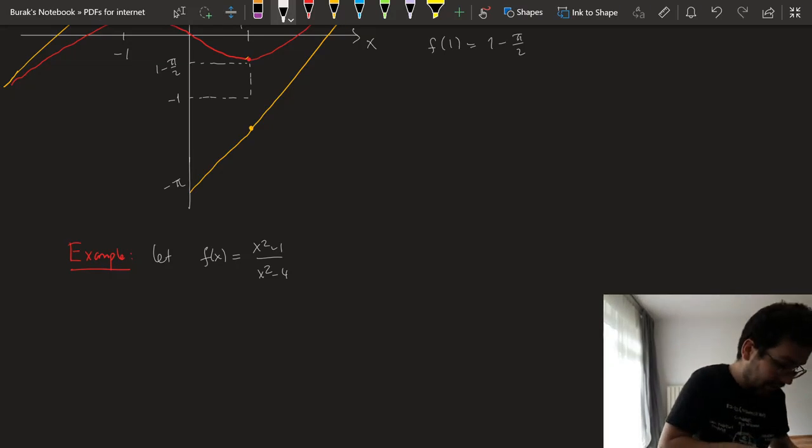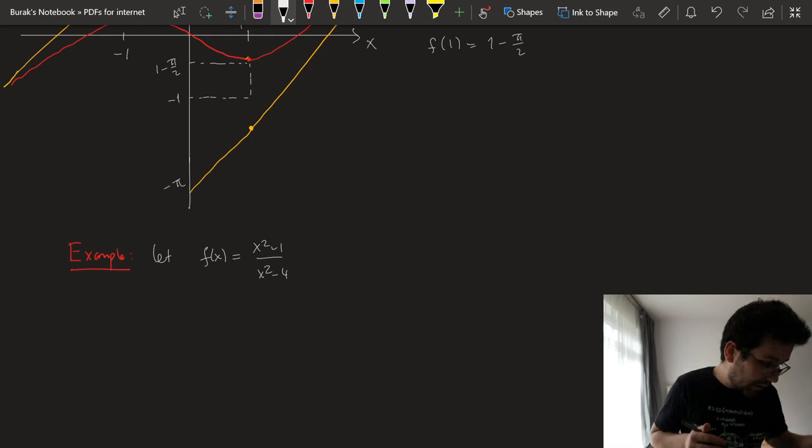So let me also take a look at the derivative and second derivative of this function.